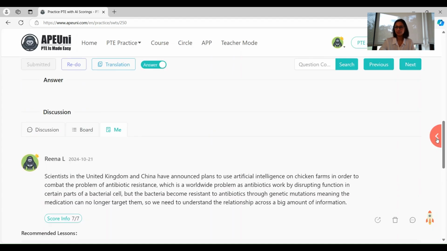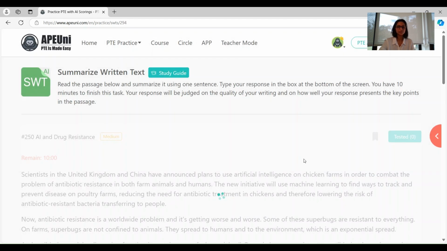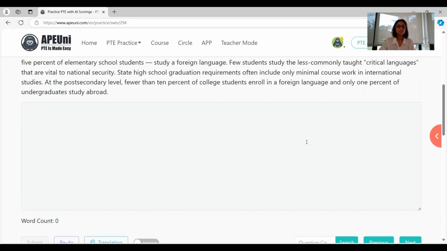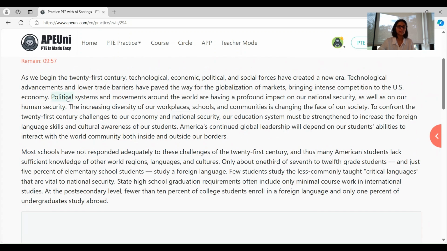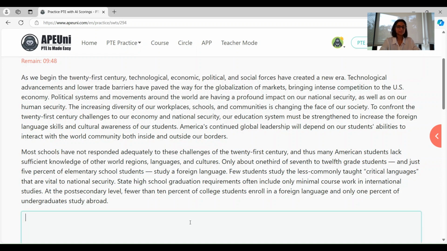Let's do more questions that are not done. Global leadership. This is another medium one. Fingers crossed. 2 large paragraphs. Let's go. The text is ridiculous. Even the first sentence is flawed, but that's okay.